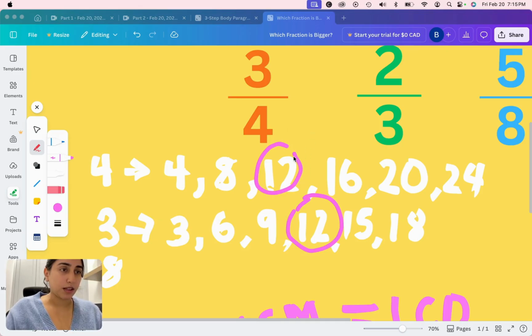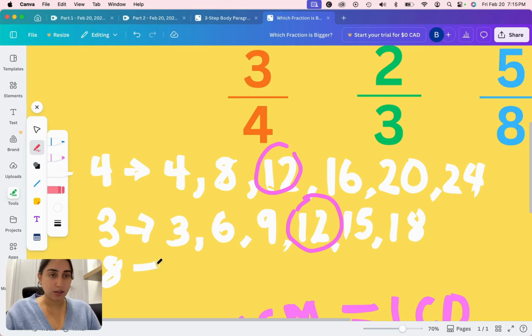As I was saying, 12 has shown up in both lines, but let's keep going because we still have to do 8. And I can already tell you guys, and I'm sure you guys know too, 12 is not a multiple of 8. So we have 8, 16, whoops.